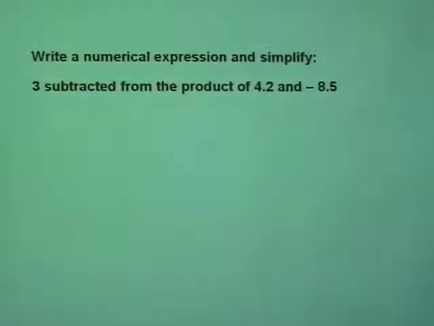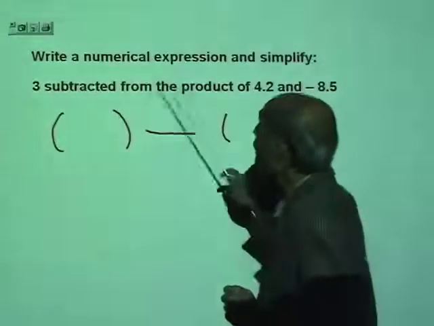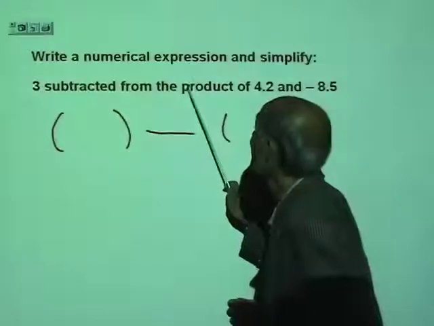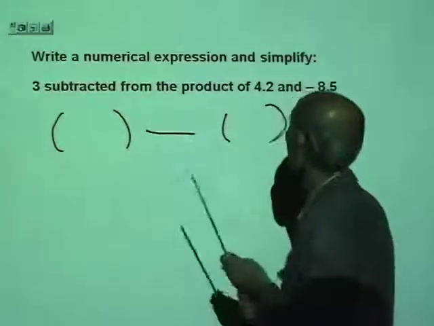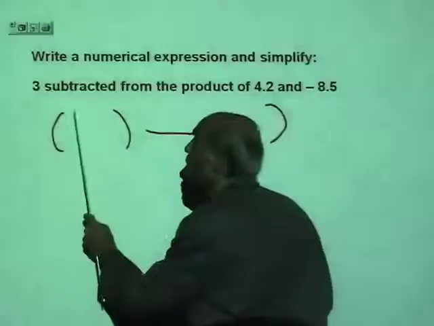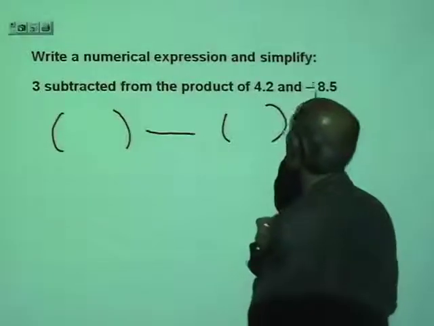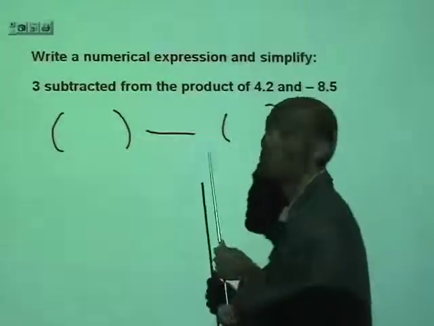So what you have been told to do here is subtract something from something else. Look at this. Subtract something from what? From the product of 4.2 and negative 8.5.